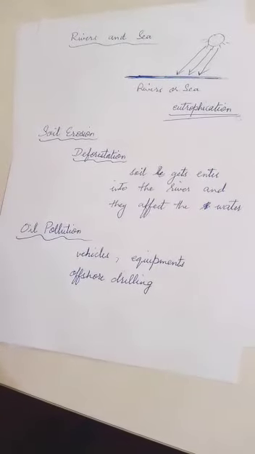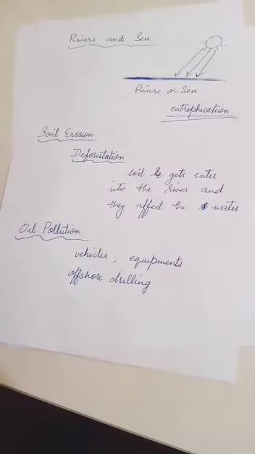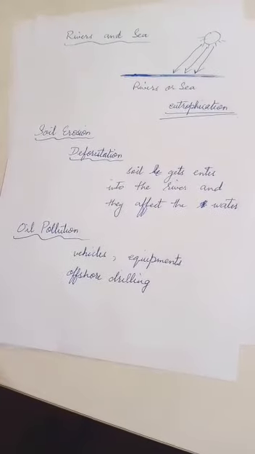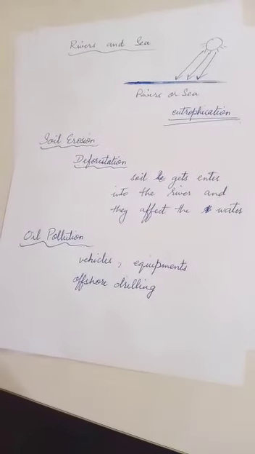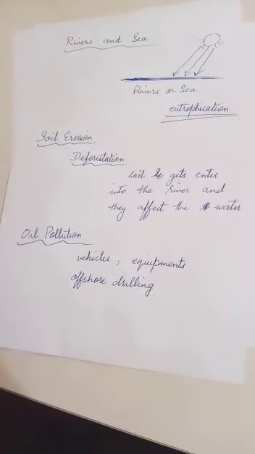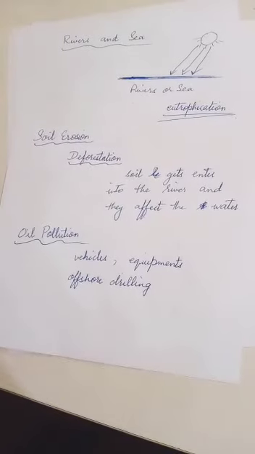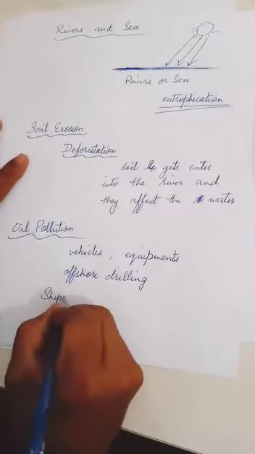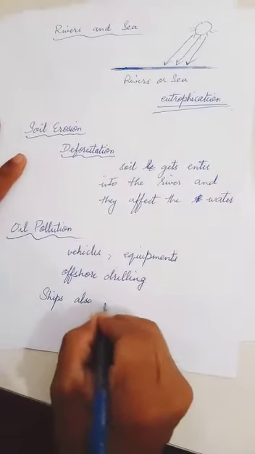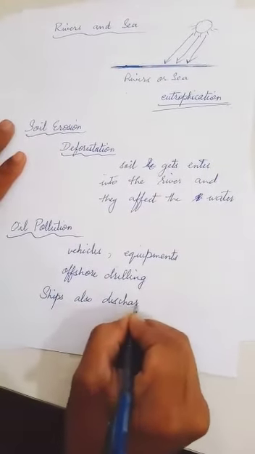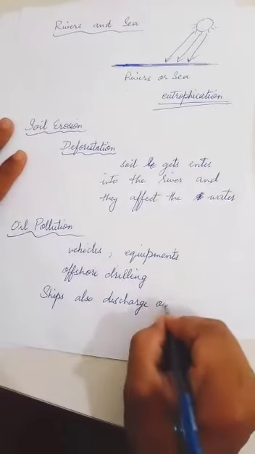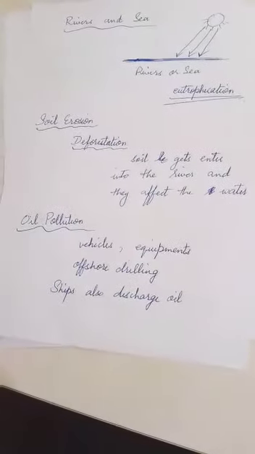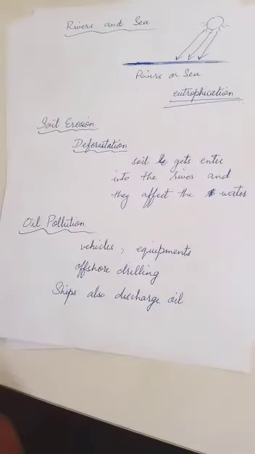What happens is that oil also gets discharged into the sea, and it also pollutes the water. Ships also discharge oil into the sea, and that also affects the aquatic life.